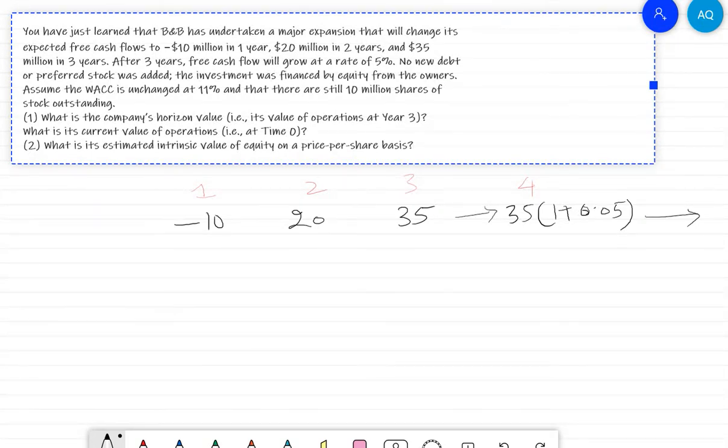So the first requirement is what is the company's horizon value. What we mean by horizon value is the value from year 3 onward forever.